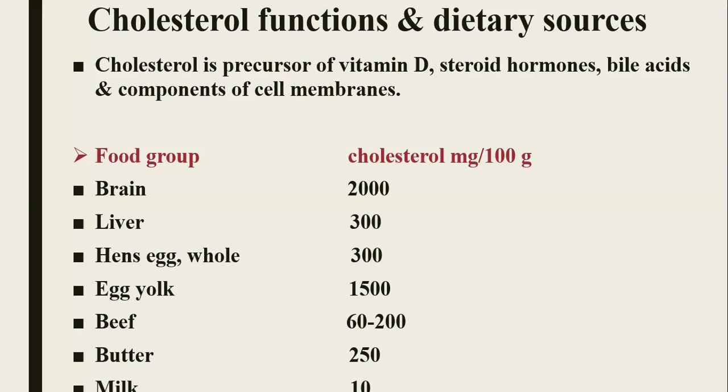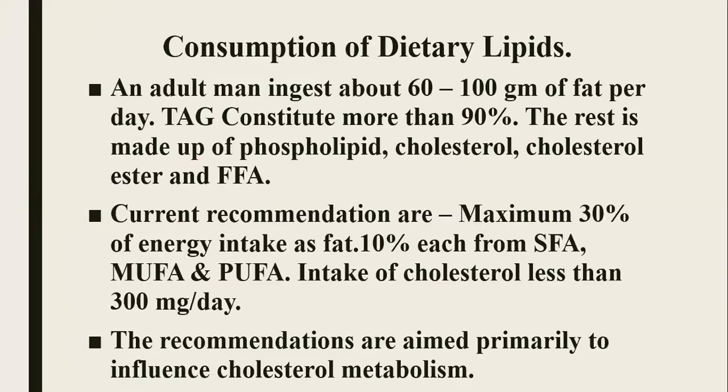So cholesterol is very important, but it is only hazardous for health when it is present in high concentration. We have told you the normal concentration of blood cholesterol. It is 200 milligrams. Increased blood cholesterol level increases the risk of coronary artery disease.